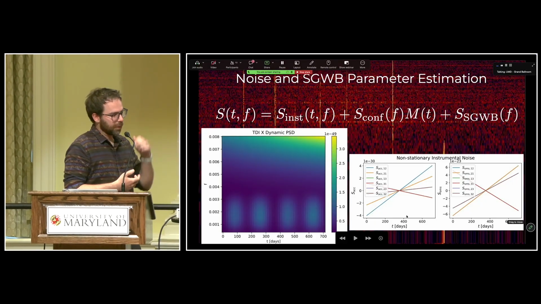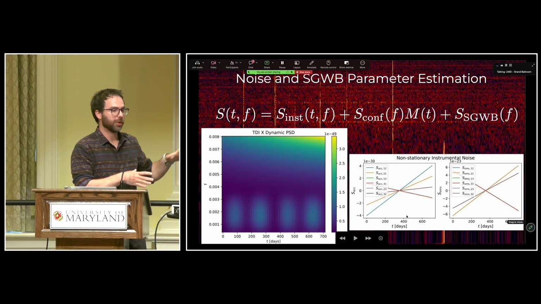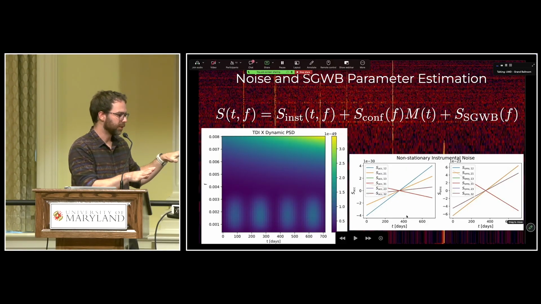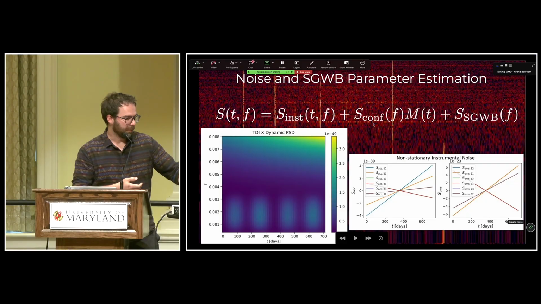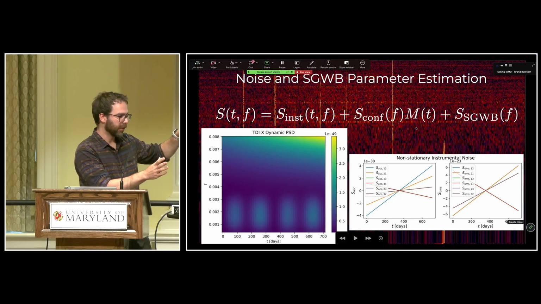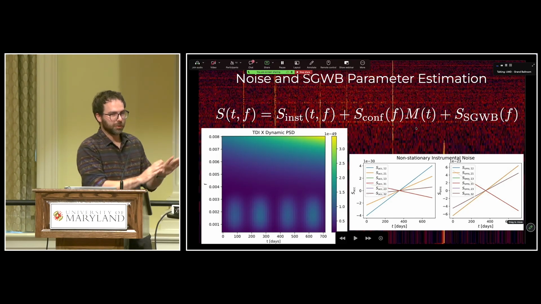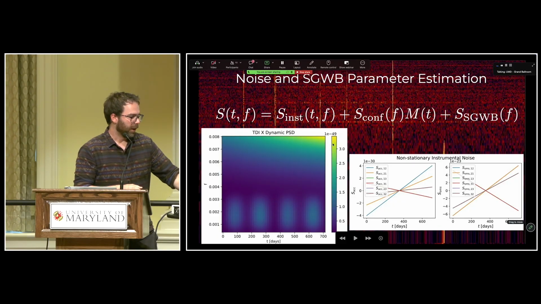So for the results I'm going to show you, I'm taking a cosmological background to be totally stationary in the data. I'm taking the confusion noise to be modulated according to the orbital solution of the satellites and the location of the galaxy. And for now, I'm just pre-computing that modulation and fixing it.